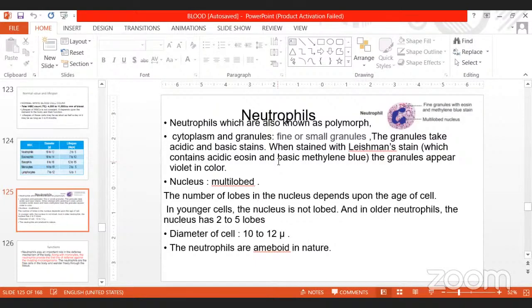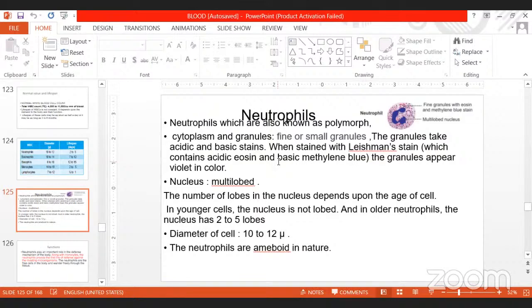What we have to remember is that the number of lobes in the nucleus depends upon the age of the cell. If the cell is getting older, there will be more lobes. If it is a young cell, only 2 lobes will appear.